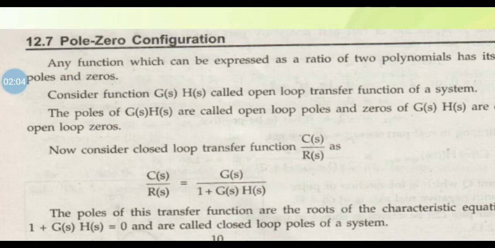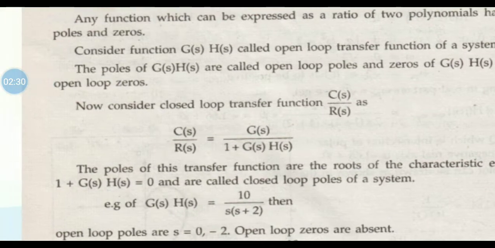We'll consider the closed loop transfer function C(s)/R(s), which we have already seen in the basics. We can write C(s)/R(s) as G(s) divided by 1 plus G(s)H(s). This has already been discussed.